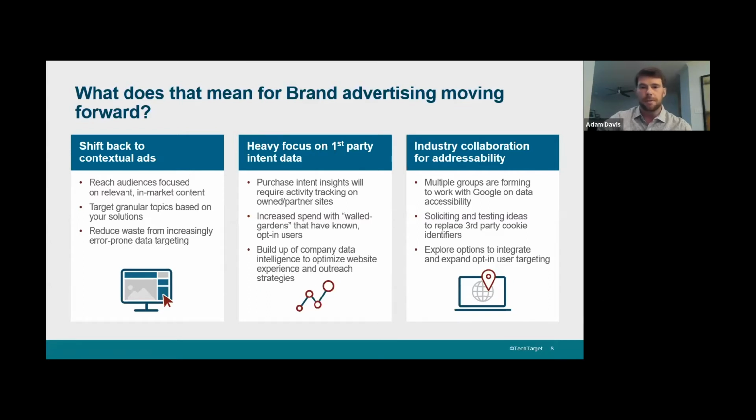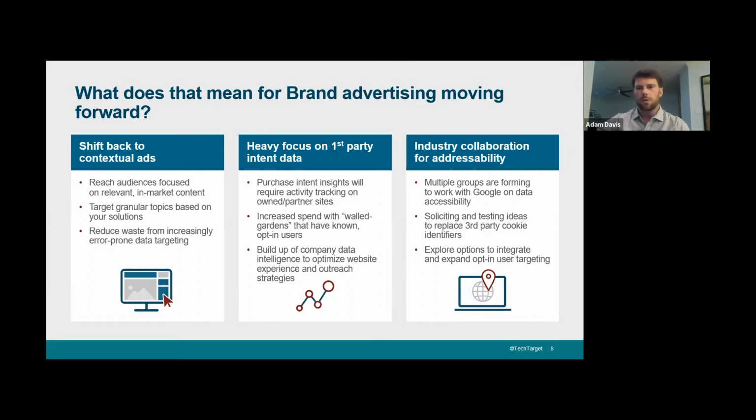I would say, make no mistake, it's not easy to do. First party data is hard to not only gather and have the foundation and infrastructure to develop, but it's also hard to make actionable. So I don't say that lightly, but again, that's where a lot of people are looking. And then lastly, there's going to be a lot of industry collaboration out there.